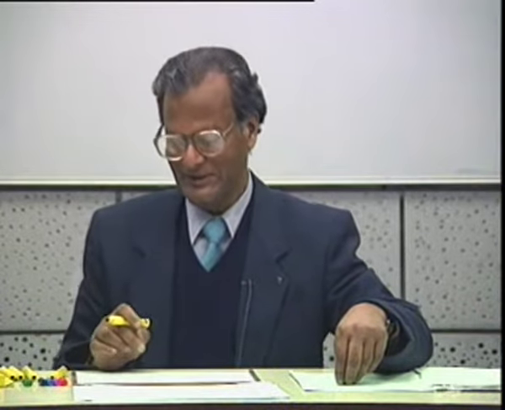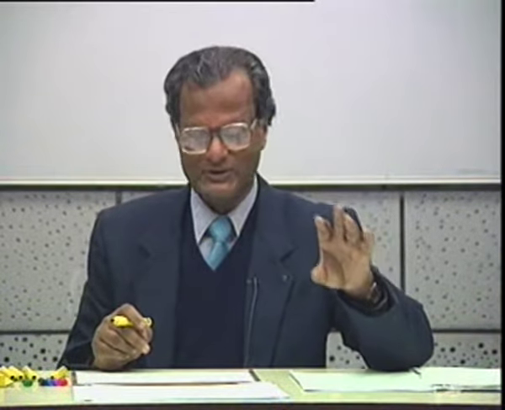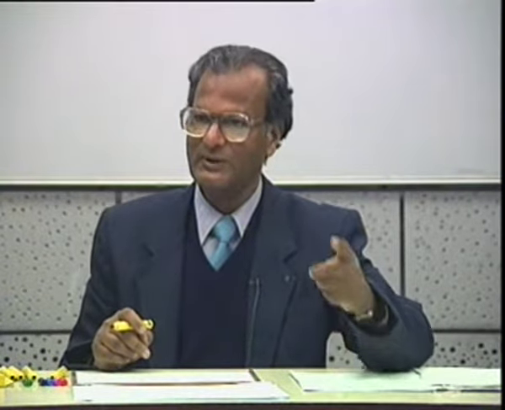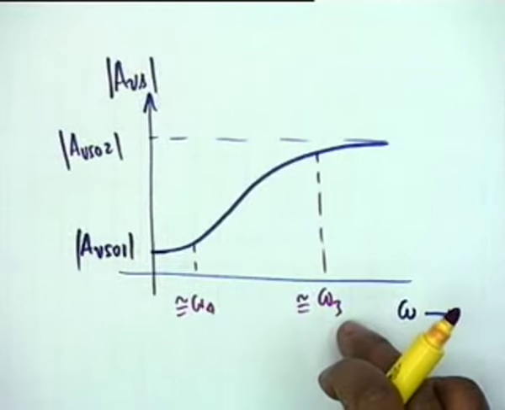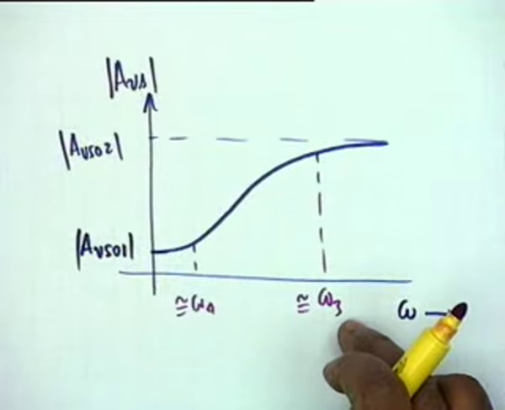omega 3. So our situation is that we have an omega 1 due to C1, we have omega 2 due to C2, we have a zero at omega 4 due to CE, we have a pole at omega 3 due to CE. So who will determine the low frequency cutoff?